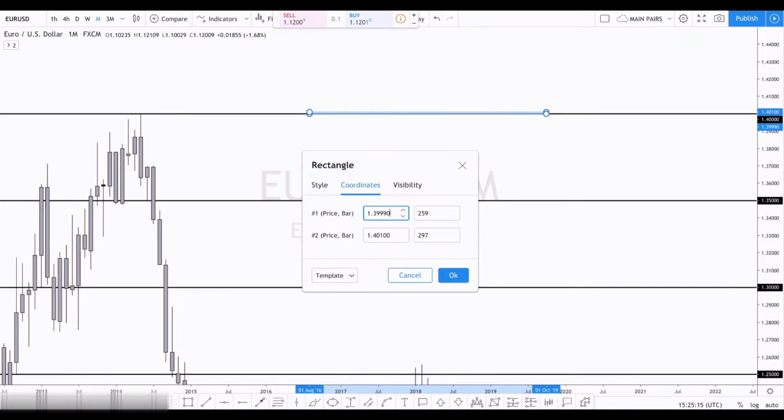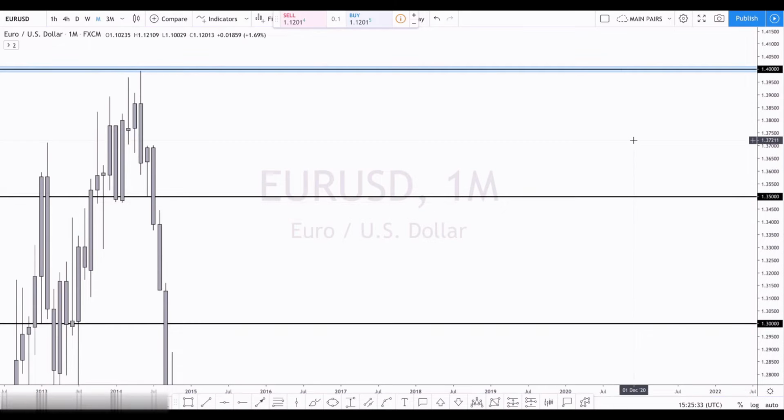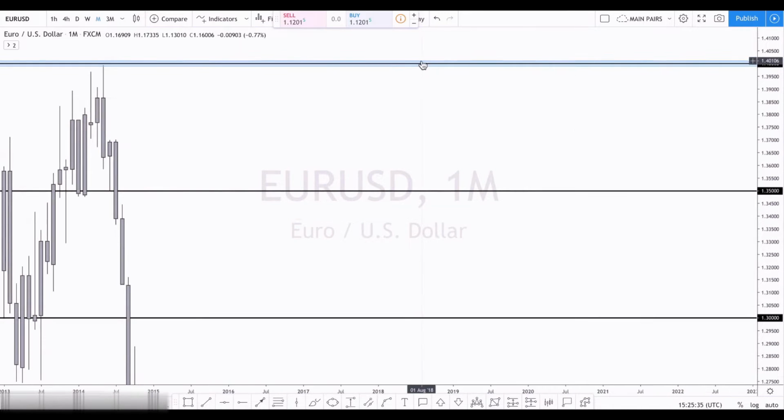So what I do with the charts is 10 pips lower and 10 pips higher. So that's a 20 pip range around. You put it to 999, and on this side you put minus 999. All that means is it covers the whole chart, so as time moves on, you won't have to continue to move it across.